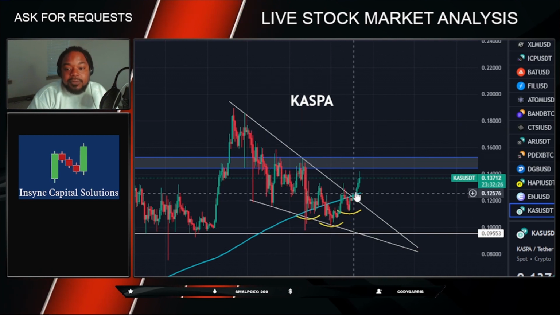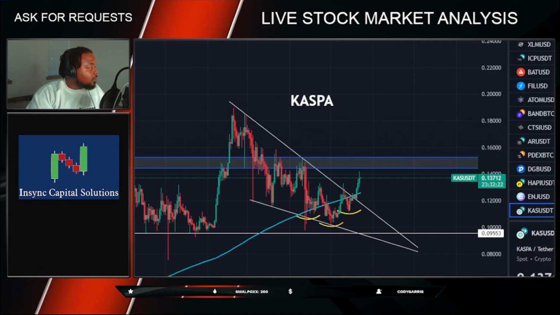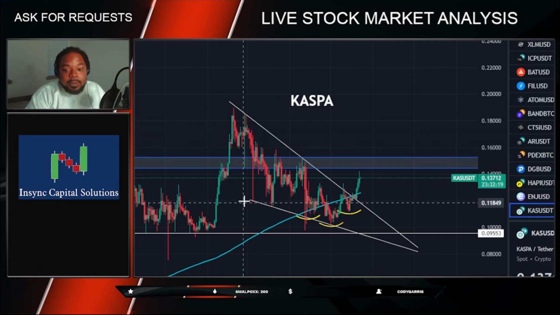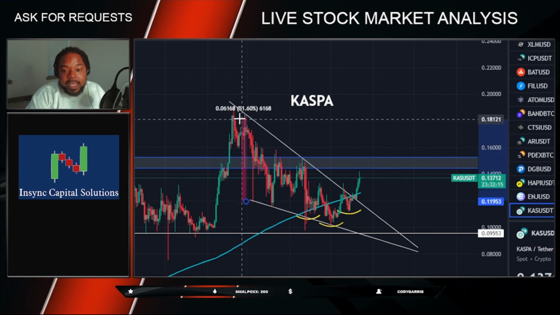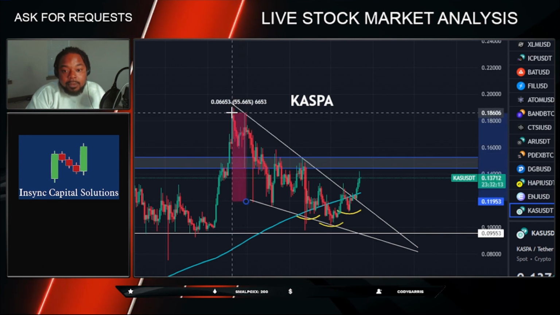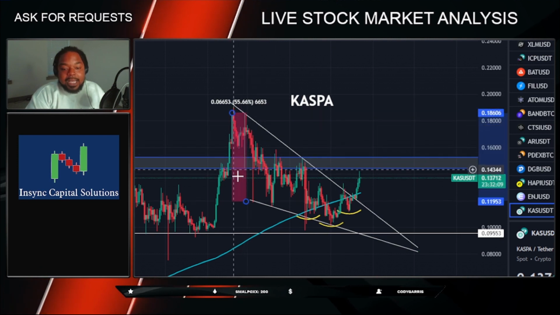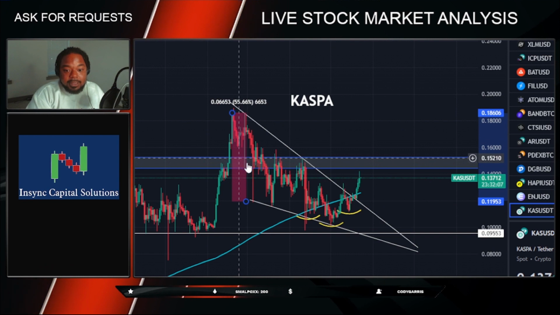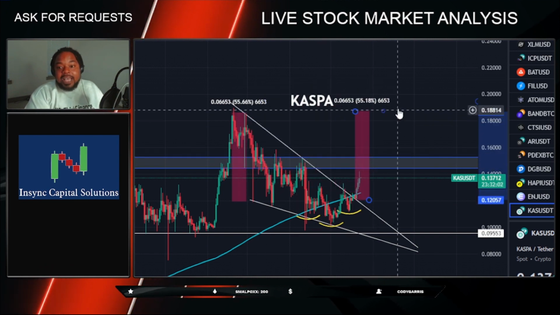The measured move just helps you identify how far price could go up. You would do that by simply measuring from the bottom of the falling wedge to the top right there, where price touched both trend lines. And you will just copy this, move this over, and apply it to the breakout, and that's your measured move.